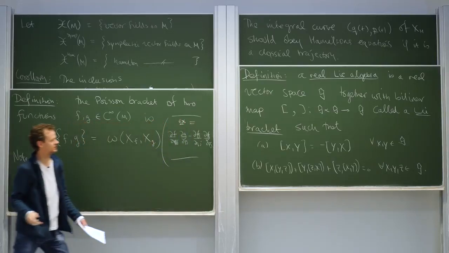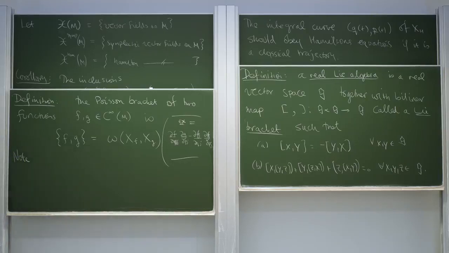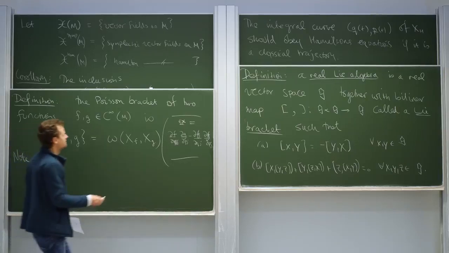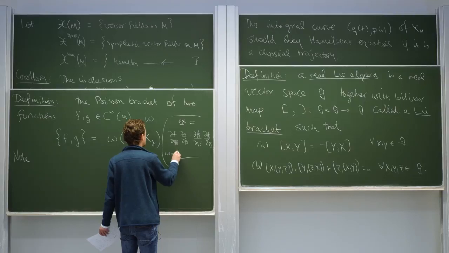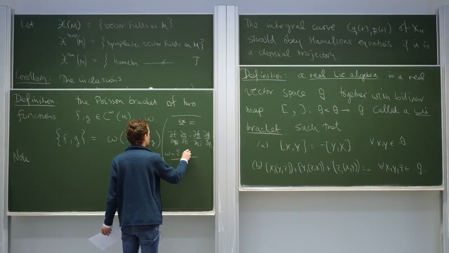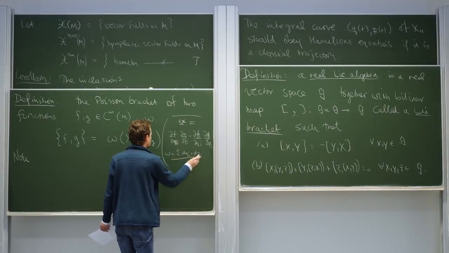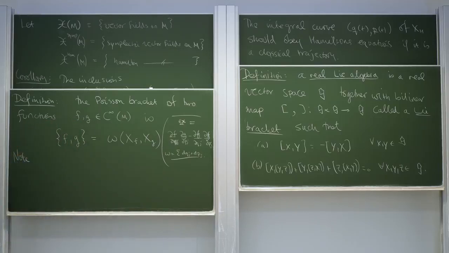So there's an exercise to check that in coordinates for the case of classical mechanics, with the symplectic form omega, you indeed get the standard Poisson bracket.